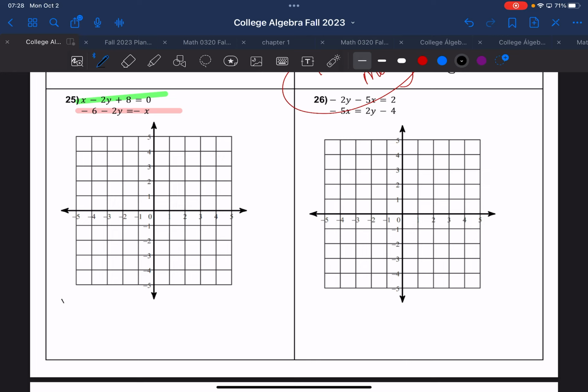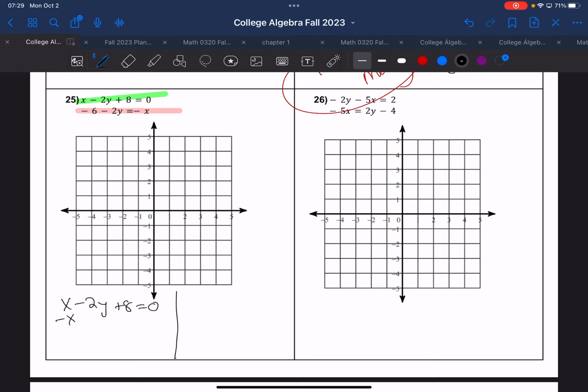So in the first one, x minus 2y plus 8 equals 0, we would have to do what? Could add 2y. Good, we could add 2y over, and that would get our y almost by itself. Or we could subtract the x and subtract the 8 over. Either way, same thing. So that's what I'm going to do.